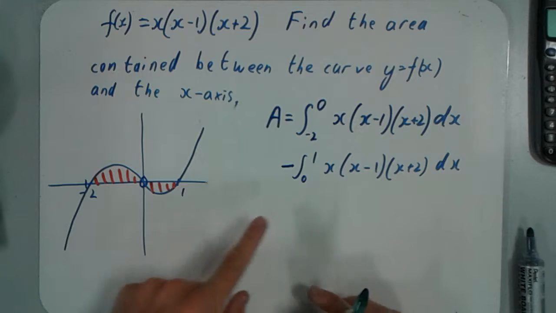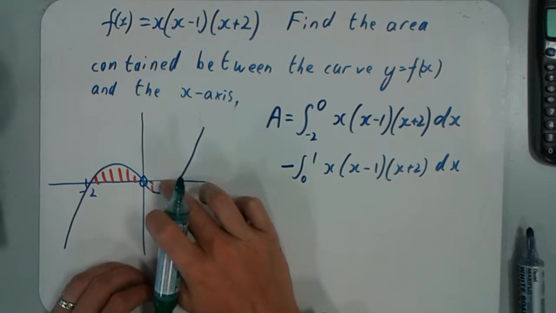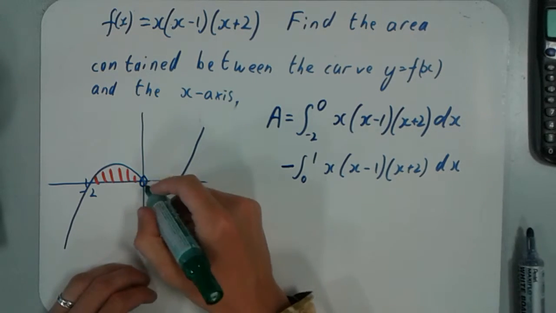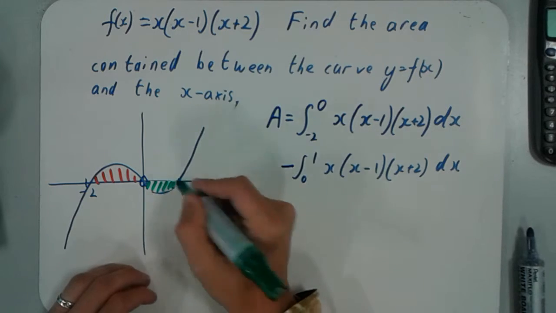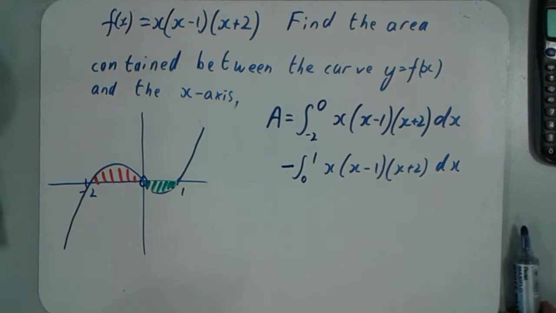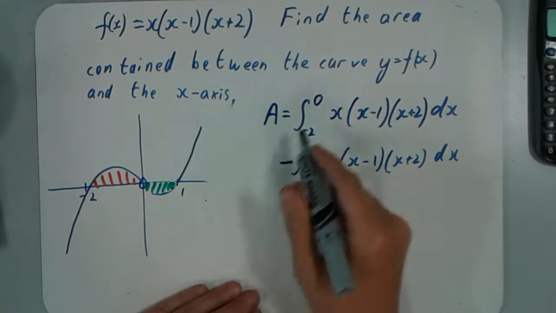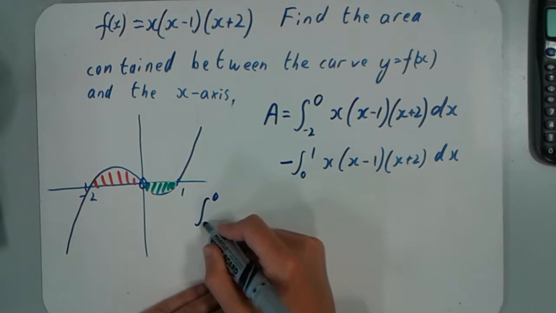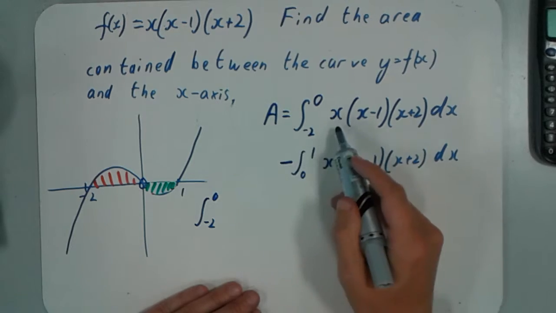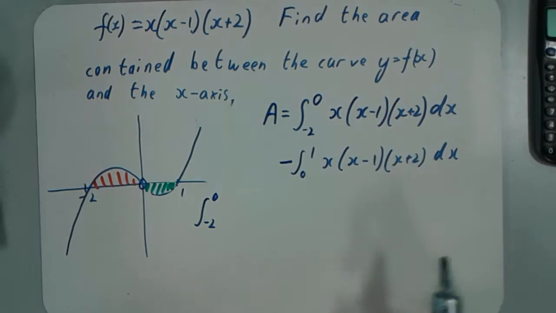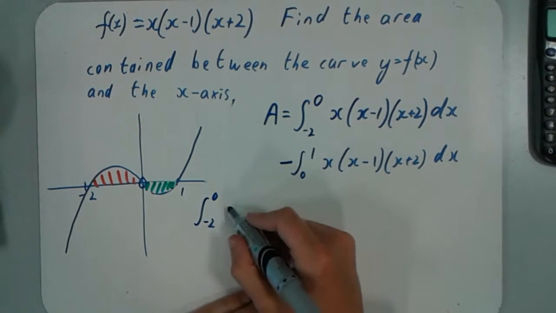I'm just going to colour code this bit green, just so that when I change to a green pen, we know which area I'm talking about. So let's do this top integral first. So this bit here, 0, minus 2. I need to expand these brackets because just like differentiation, I need everything in index form.